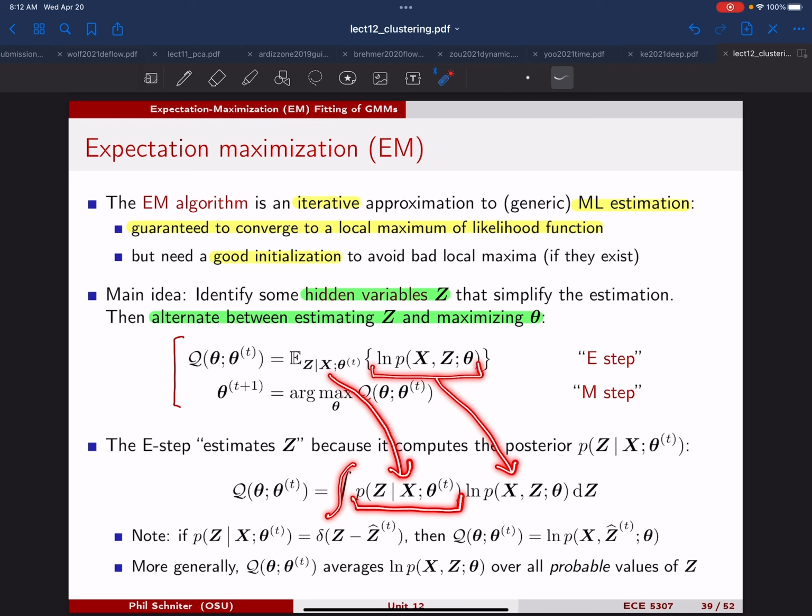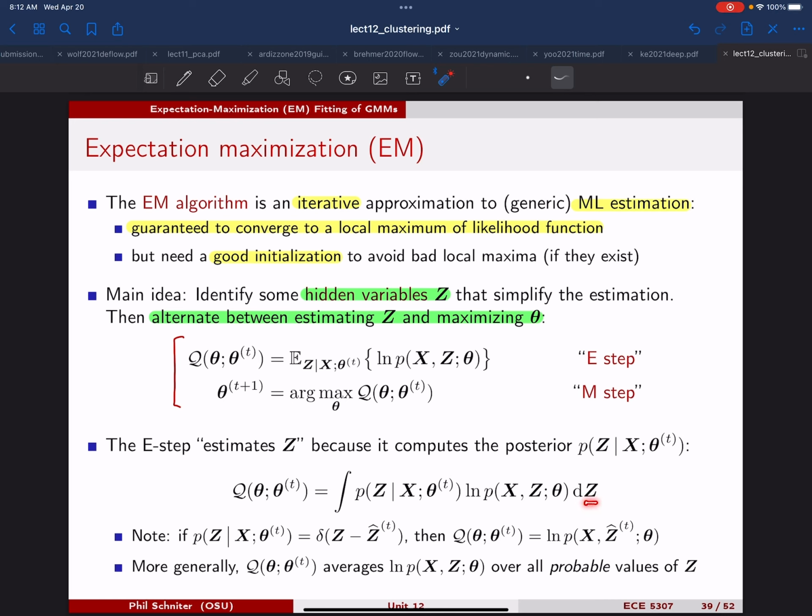That's always how we define expectation: we have a density and then the thing we're taking the expectation of. So here our density is p of z given x parameterized by our old thetas, because that's how this expectation is defined. We are going to integrate out the z's. This will remain a function of our data x, but our data x is just a fixed thing. We've collected this data, we're plugging that in.